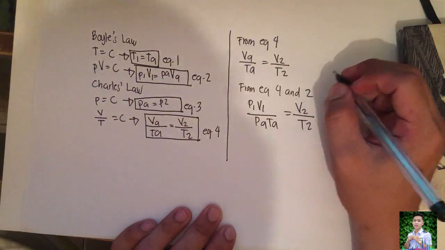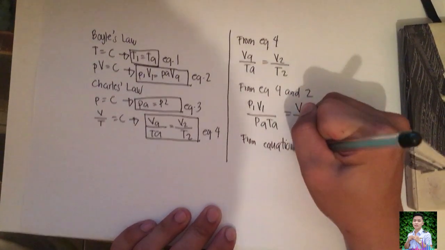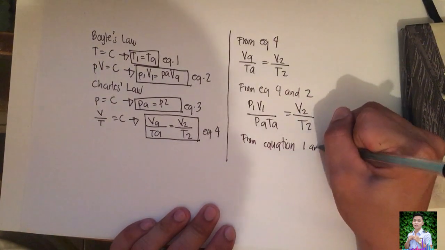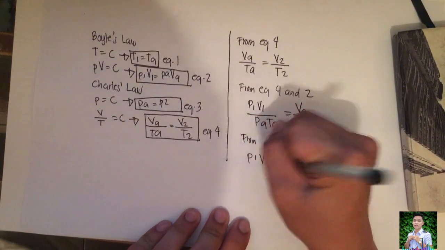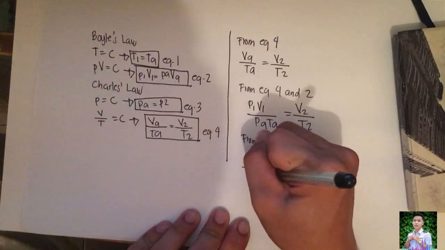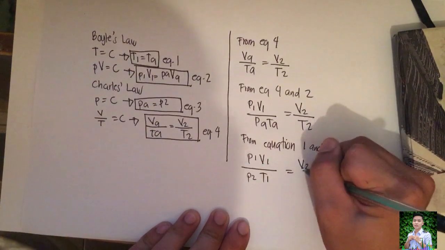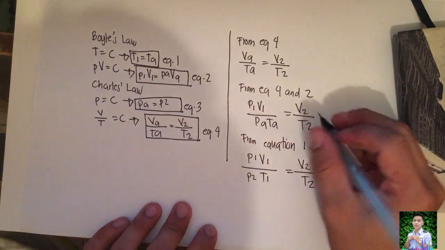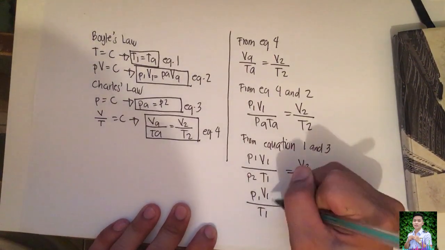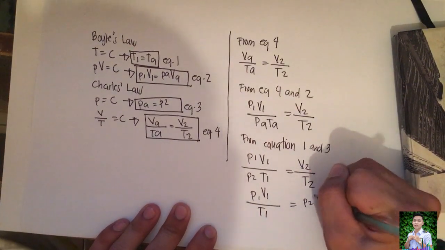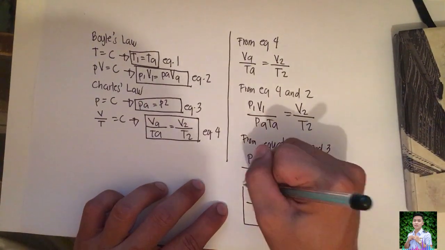So the equation will be from equation 1 and 3, makakuha tag P1 V1 over T1 is equal to P2 V2 over T2. So, mao na ni siya.